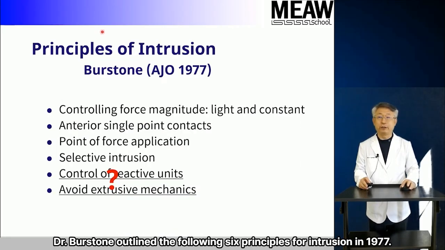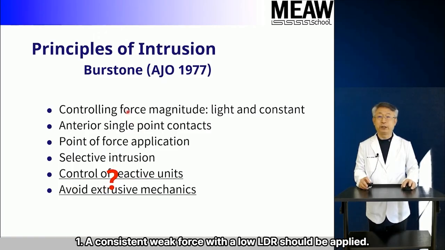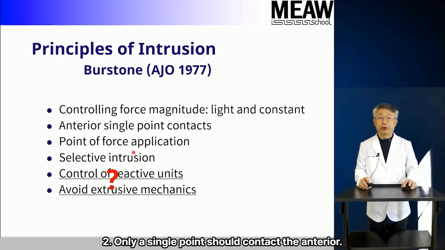Dr. Burstone outlined the following 6 principles for intrusion in 1977. 1. A consistent weak force with a low LDR should be applied. 2. Only a single point should contact the anterior. 3.